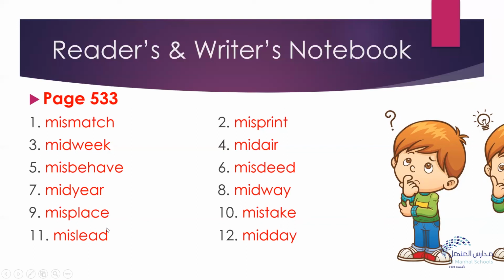Mislead people, meaning you're leading them in the wrong direction. And then number 12, midday nap, meaning you have a nap in the middle of the day. There are our answers for page 533 in our Readers and Writers Notebook.